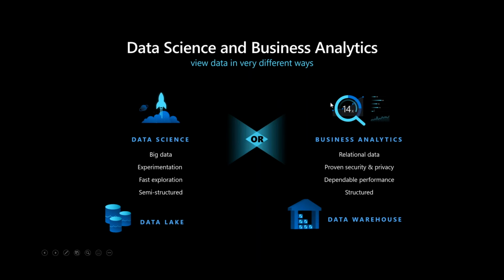So there was this persona, business analysts, who would work with relational data. They knew the data had the right kind of security and privacy. They knew it will meet their SLAs. The data was structured. So they dealt with the data warehouse side of things, and they were very comfortable.